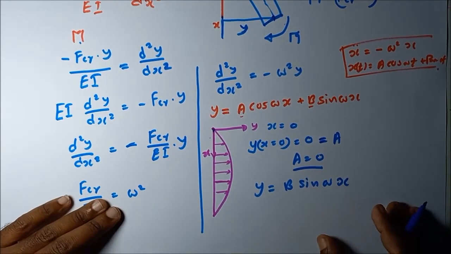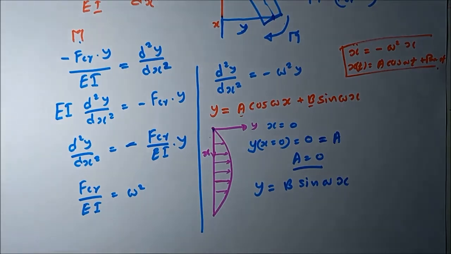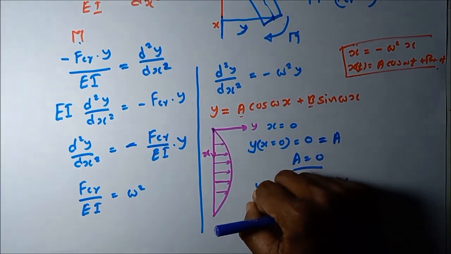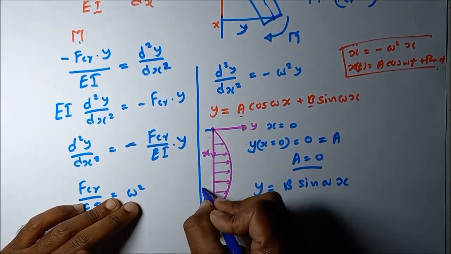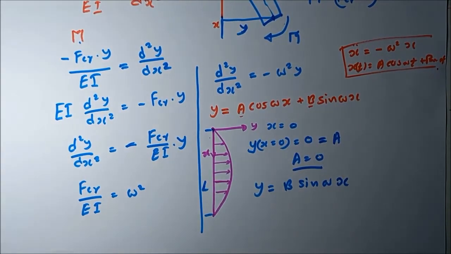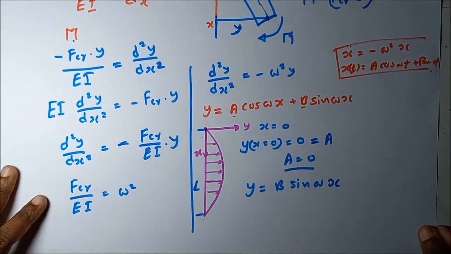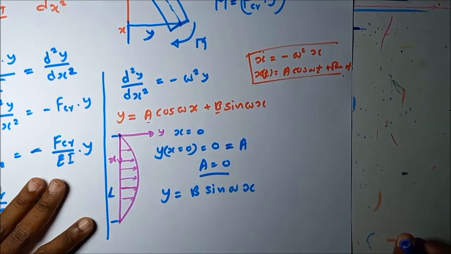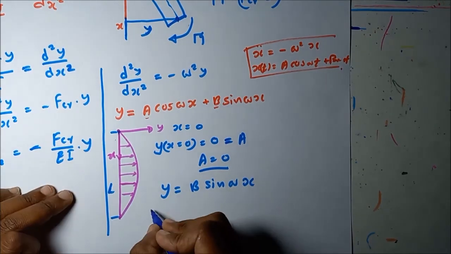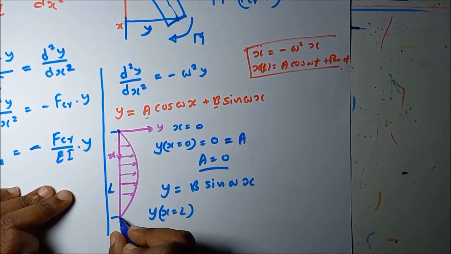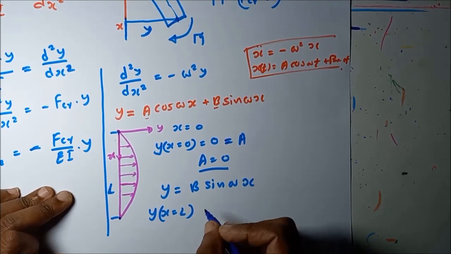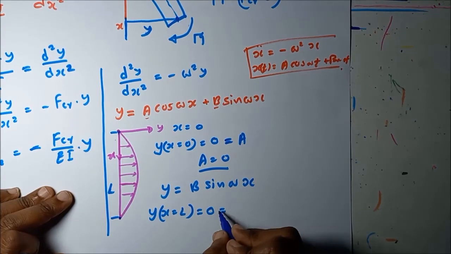Again we have to determine the b. Then how to determine the b? Let's take the length of the column as L. So then y at x is equal to L, you can see again the y is also equal to 0.